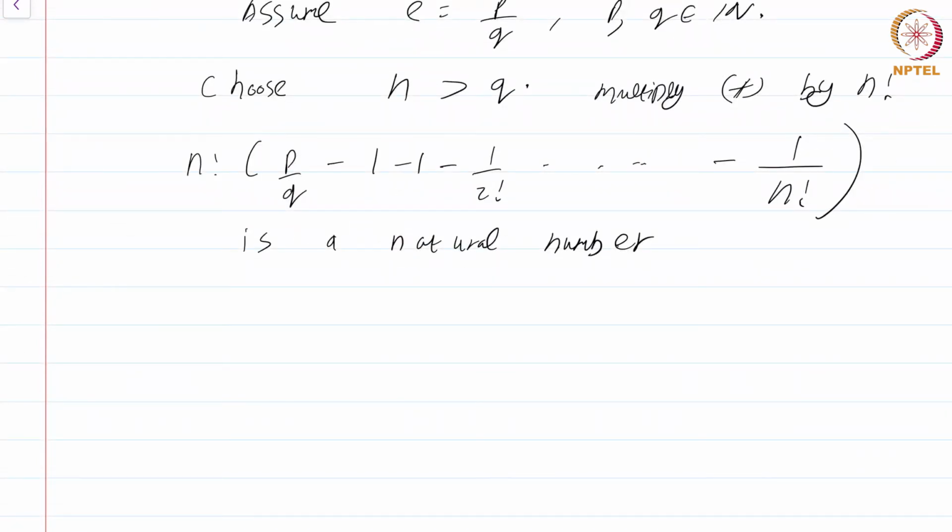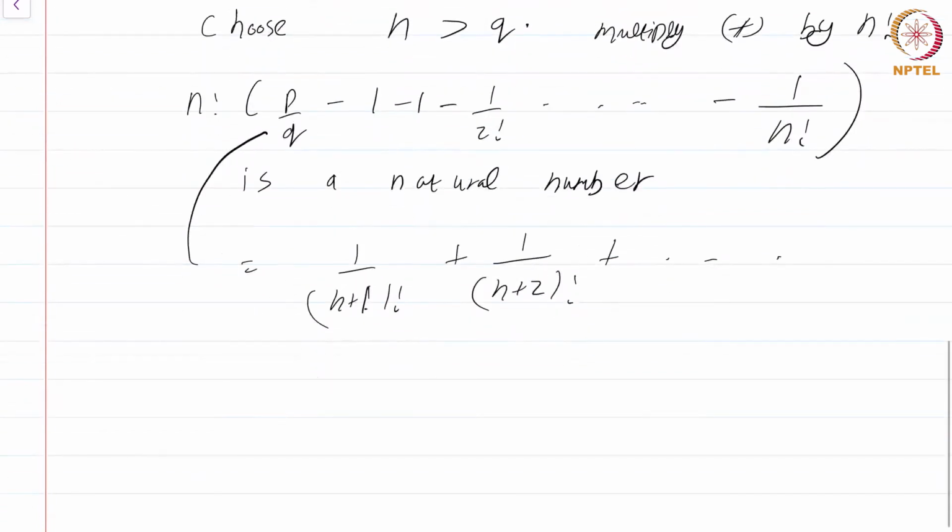It's going to be a natural number. But this expression, e minus 1 minus 1 minus 1 by 2 factorial and so on, was actually equal to 1 by n plus 1 factorial plus 1 by n plus 2 factorial plus so on, right? So let's multiply this by n factorial.